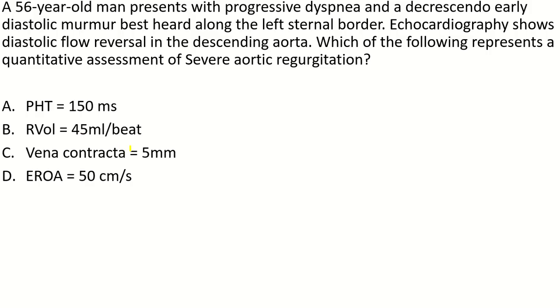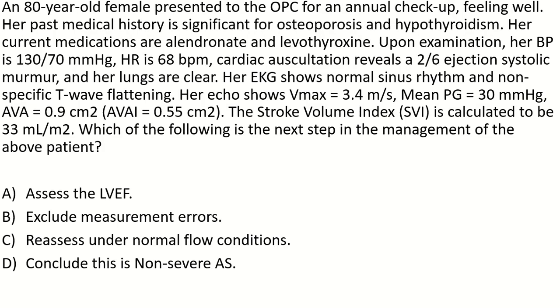And a vena contracta of 5 is considered one of the semi-quantitative assessments. Therefore, the effective regurgitant orifice area of 50 is considered the single best answer for this case regarding severe chronic aortic regurgitation.